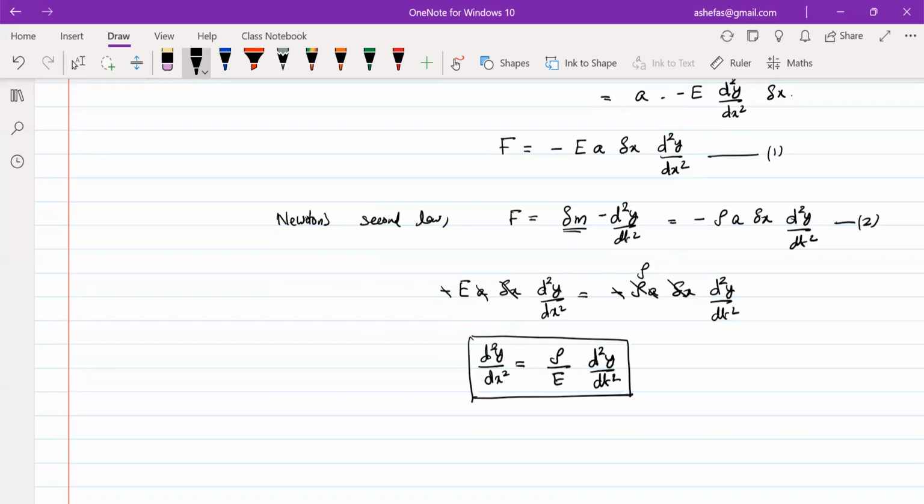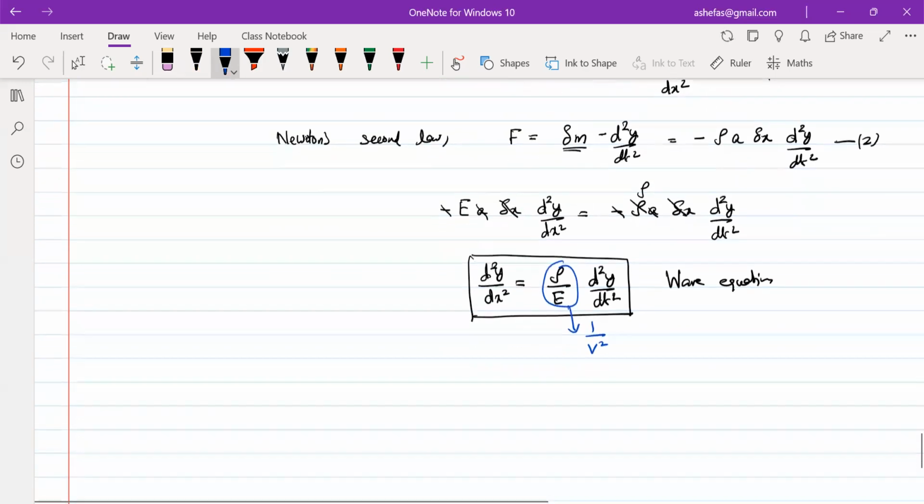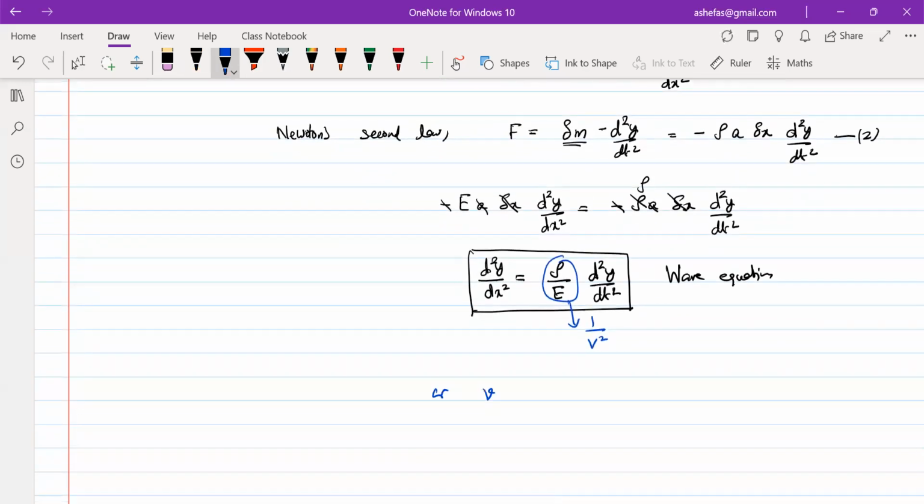So this is nothing but the wave equation, and hence this quantity rho by E would be equal to 1 by v square, or v equal to square root of E by rho.